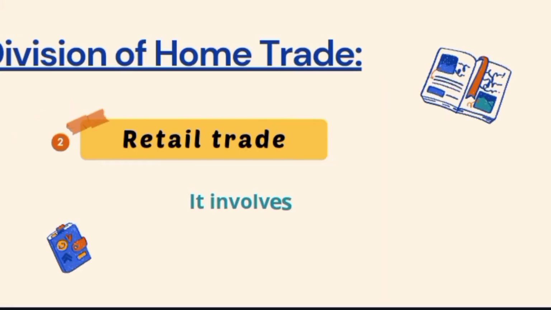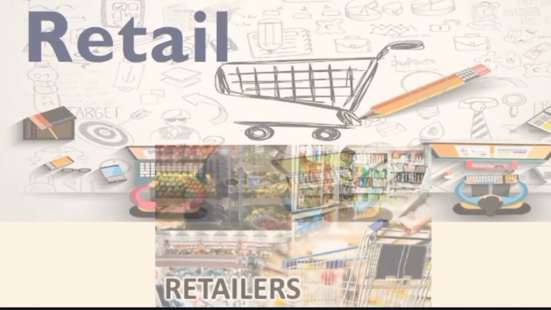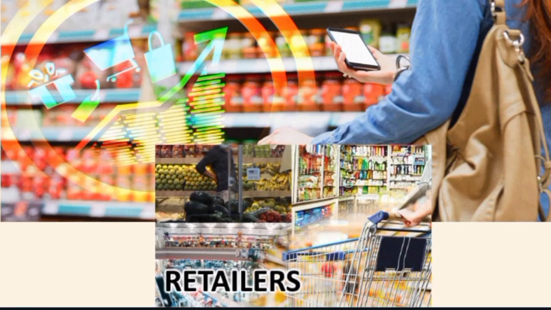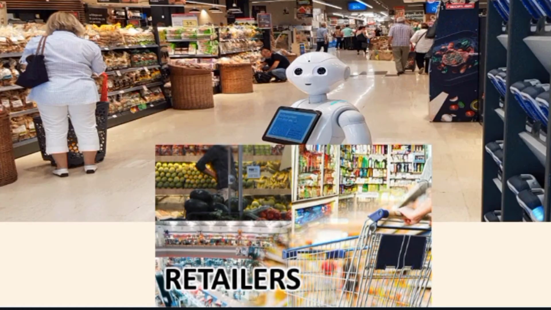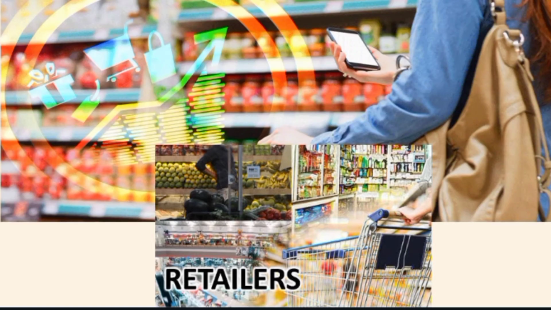The retail trade involves buying in small quantities from the wholesaler and selling to consumers. People who are involved in this kind of trade are referred to as retailers. So they buy goods in small quantities from the wholesalers and sell to the final consumers.